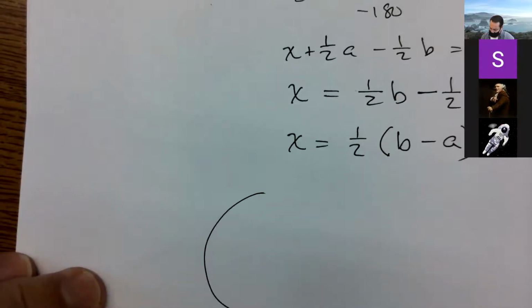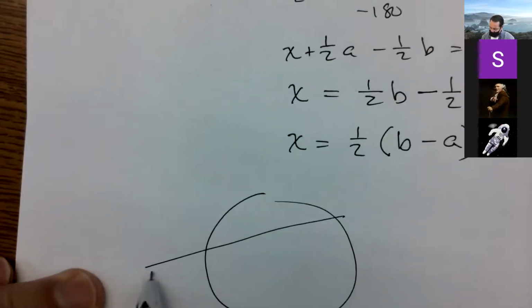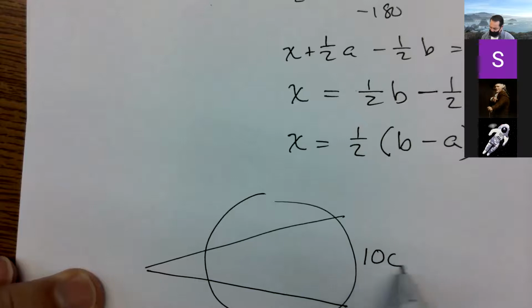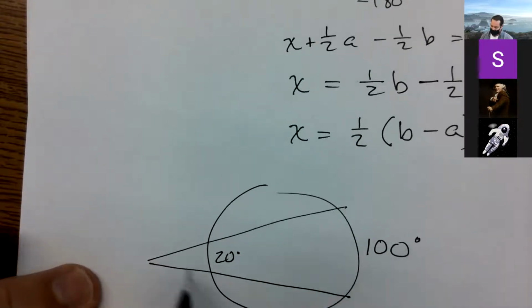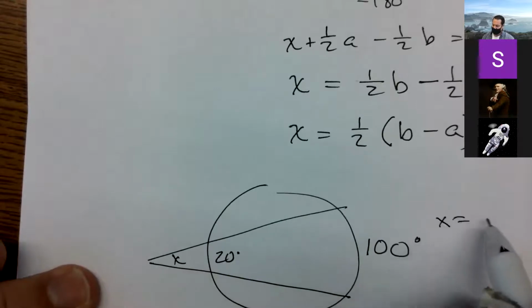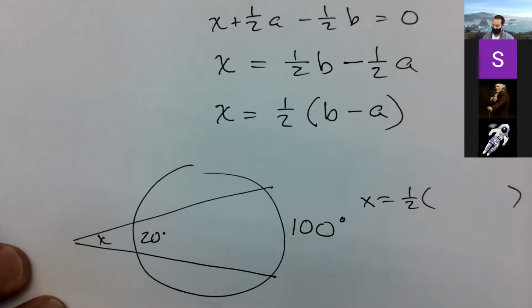In other words, if I've got these, and this is like 100 degrees, and this is like 20 degrees, I'm going to find X by saying, I'm going to take half of, not their sum, but of their difference.